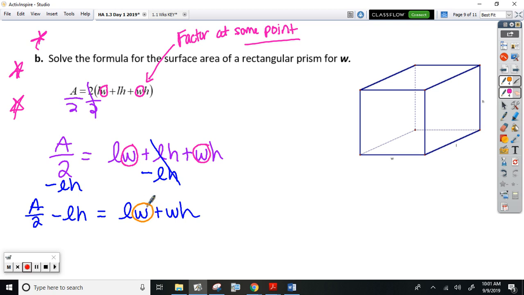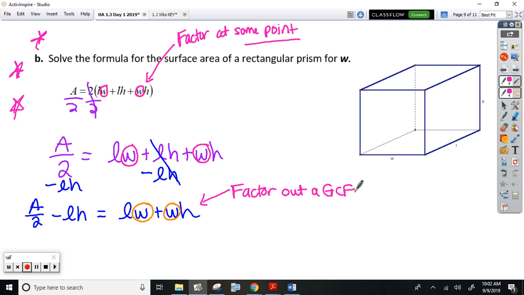So again, I want to solve for W, but I have 2 of them showing up. So at this point, we are going to factor out a GCF. We could not do it before because not all of them had W's, but once we've moved some of the stuff over, now you can see that they both have a W in common.